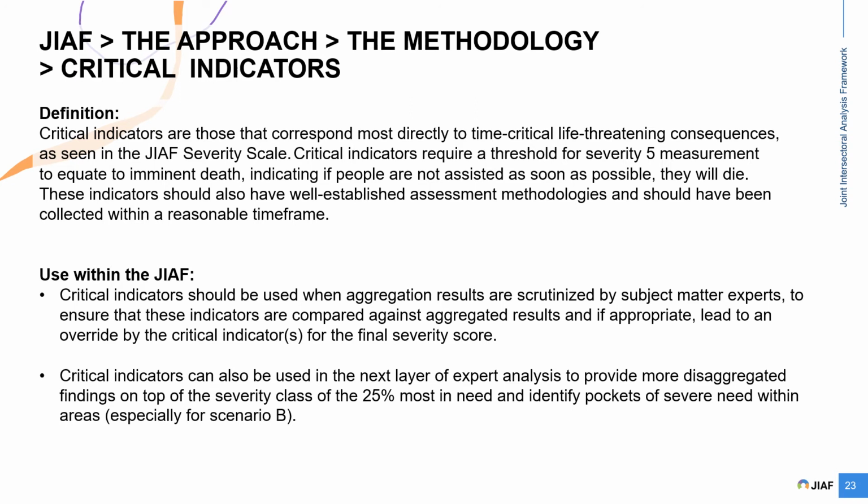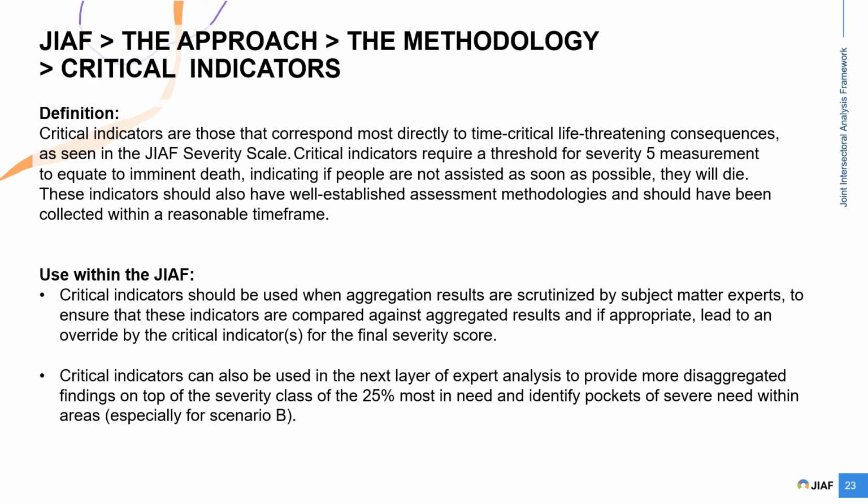The chief example of this is the Integrated Phase Classification, the IPC, for acute food insecurity, or acute malnutrition, the AMN, and Cadre Harmonisé, whose severity classification should be treated as critical indicators.